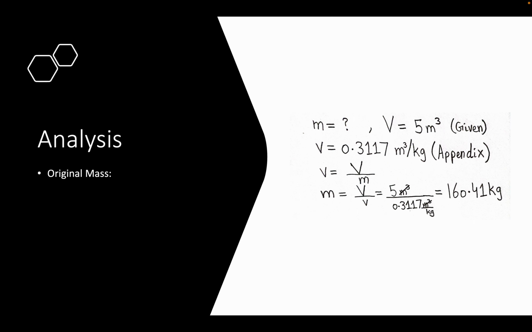Volume is given in this question, which is 5-meter cube, and the specific volume is 0.3117 meter cube per kilogram, which is in the appendix given in the question. So we get the mass, 160.41 kg, which is present in the tank.